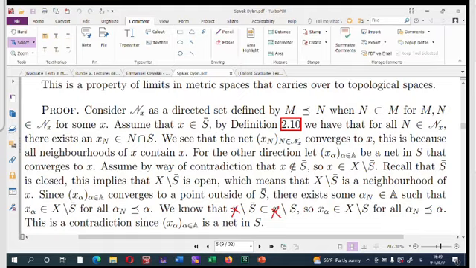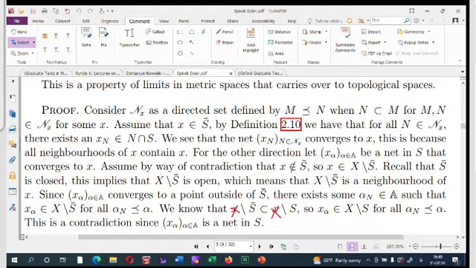We see the net x_N such that N belongs to N_x. Please note that for any N in N_x we have an element in this intersection, so we found a net indexed by this directed set, and this net converges to x. This is because all neighborhoods of x contain x.